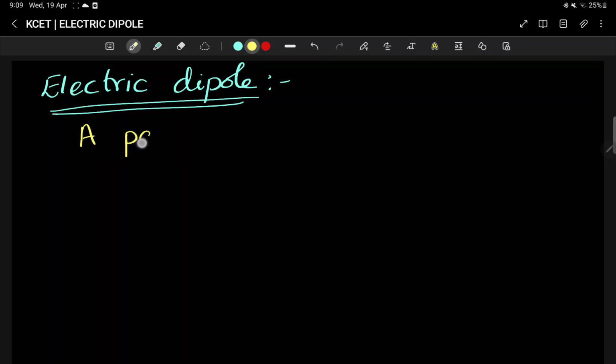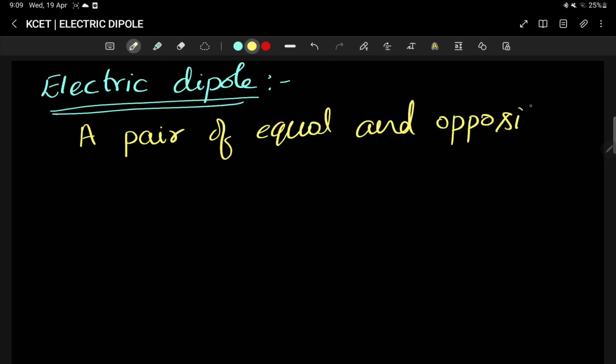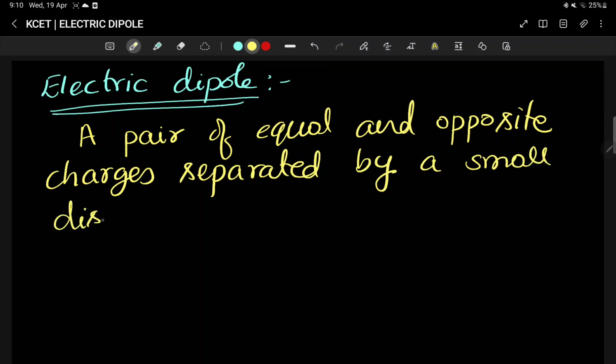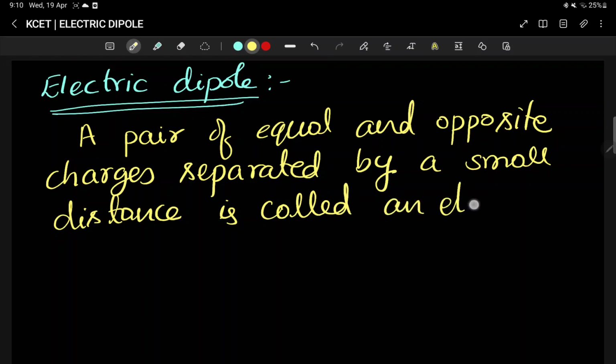A pair means two charges will be there. A pair of equal and opposite charges separated by a small distance is called an electric dipole.